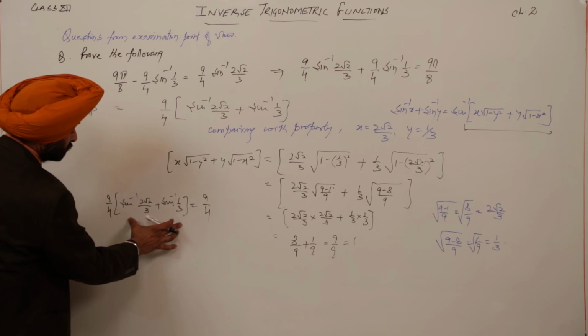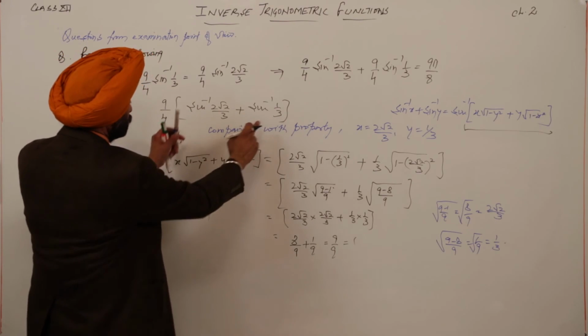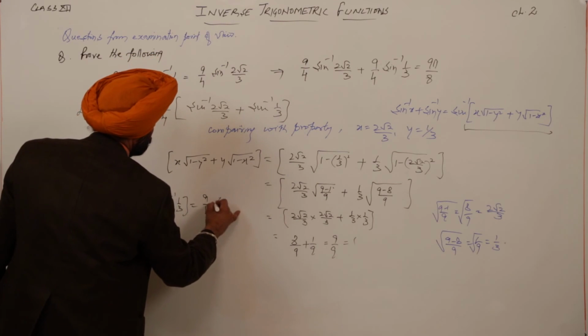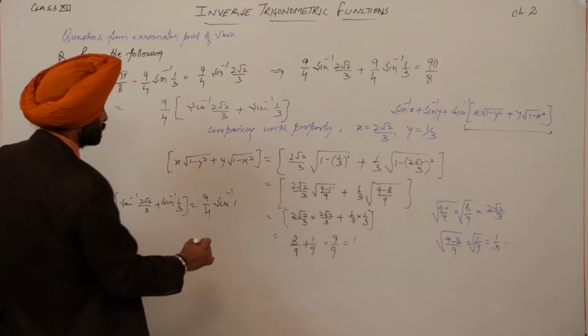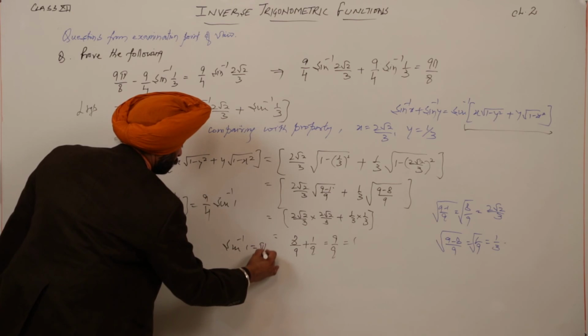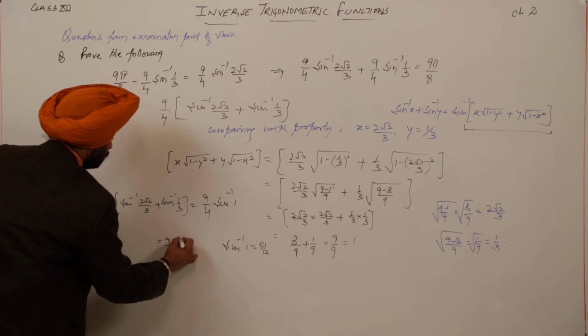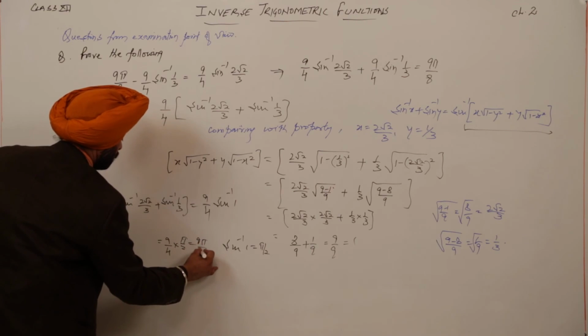Now sin inverse 2 root 2 by 3 plus sin inverse 1 by 3. According to this property, we are getting 9 by 4 sin inverse 1. Now what is sin inverse 1? Sin inverse 1 is equal to pi by 2. So we are getting 9 by 4 times pi by 2. This is equal to 9 pi by 8.